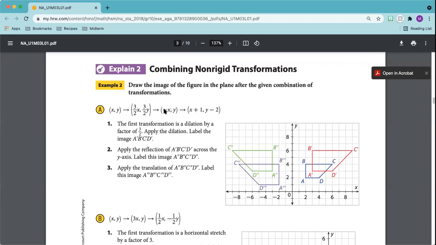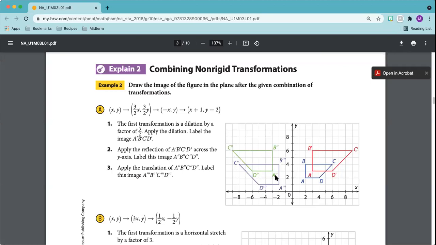Then I'm gonna go ahead and do the second transformation, which happens to be a reflection across the Y. So my B, which was at 3, 6, now gets flipped over to -3, 6, C to -9, 6, and so on and so forth.